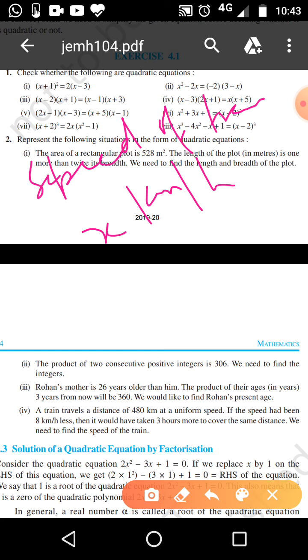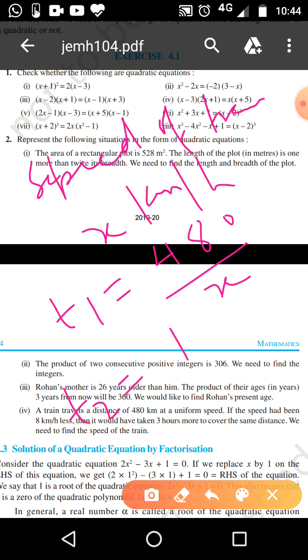So the time taken at speed x kilometers per hour, t1, is 480 upon x. This is the time taken by the train to cover that distance at speed x kilometers per hour. Now if the speed is less, then the time would be more. So let t2 be the time when the speed is 8 km less. So t2, for the same distance, is 480 upon x minus 8.